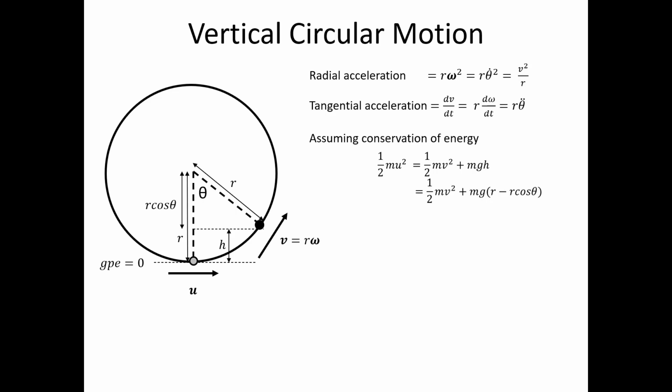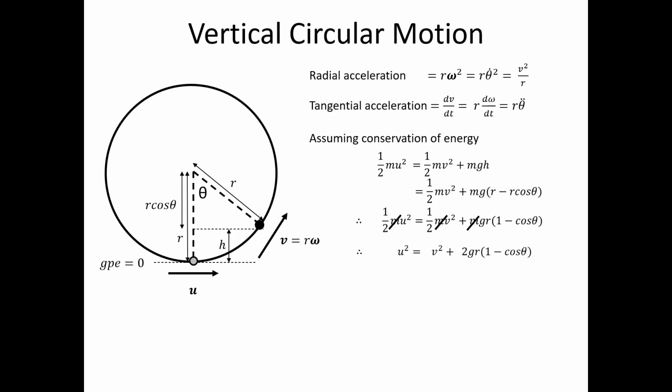So now we've got a slightly more useful form of that equation because it uses that theta value, which is the thing we use to define the position of the point on the circle. Okay, let's rearrange that. First thing we can do is take out a common factor of r from the bracket on the right. Then, as we did with that specific example of the car and the track, we can divide through by m and then multiply everything through by 2 to get that.